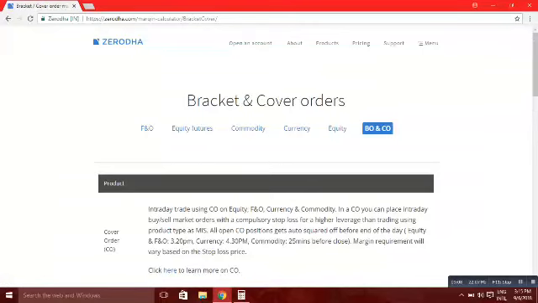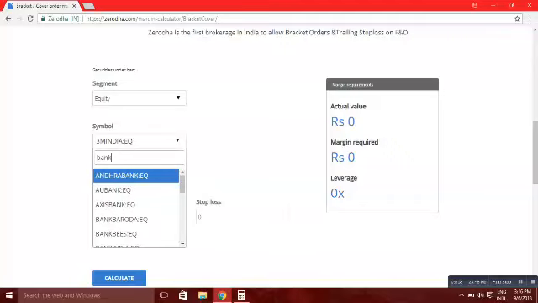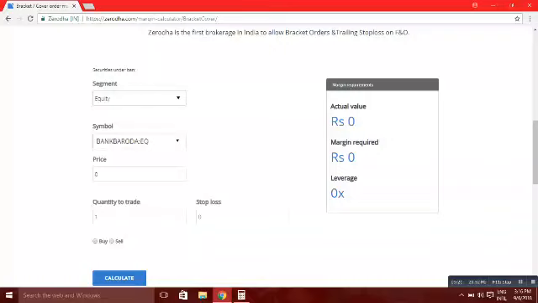Let's go for Bank of Baroda. Price is around 100. Quantity to trade, let's take 1000 quantity. And how much leverage are we getting? We are getting 20 times leverage here. We just need 4,800 rupees for the actual value of 1 lakh rupees.